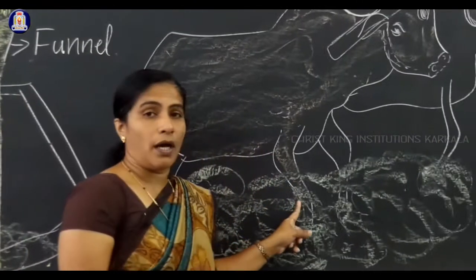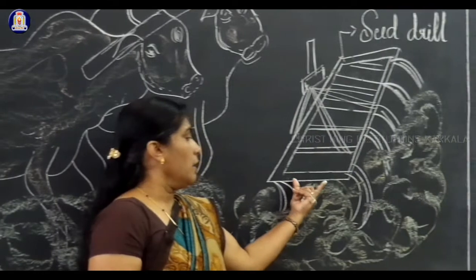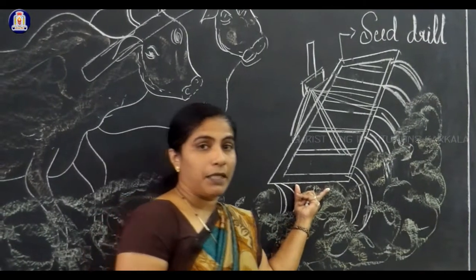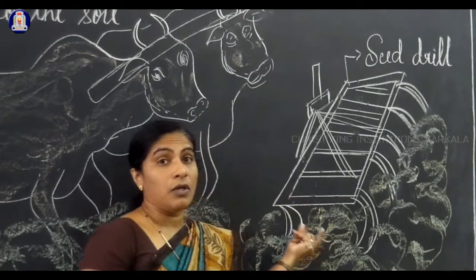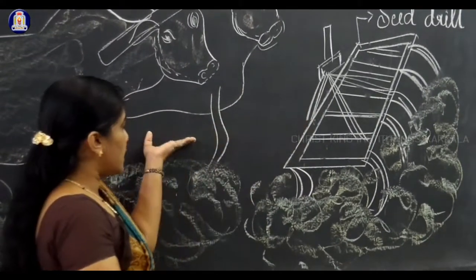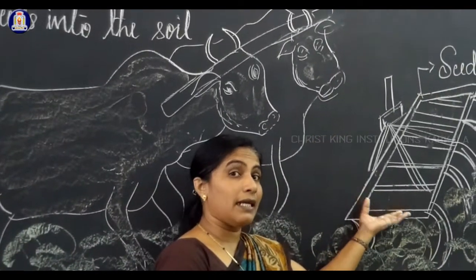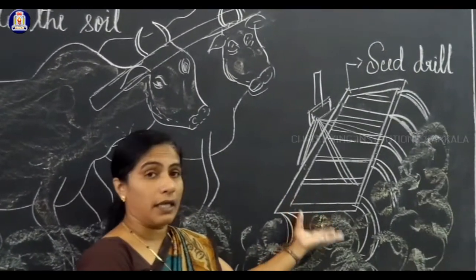The second one, at present we are in a modern technology, we have applied many technologies. What is the difference then? The earlier method takes more time, while this takes less labor and less time. That is one advantage.